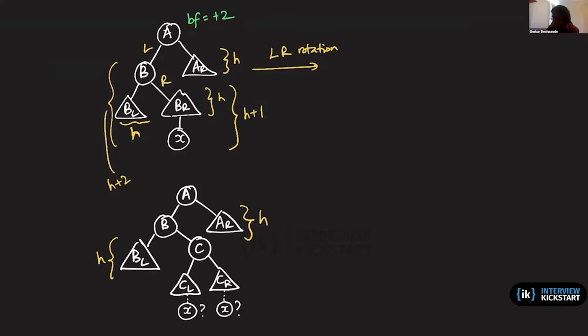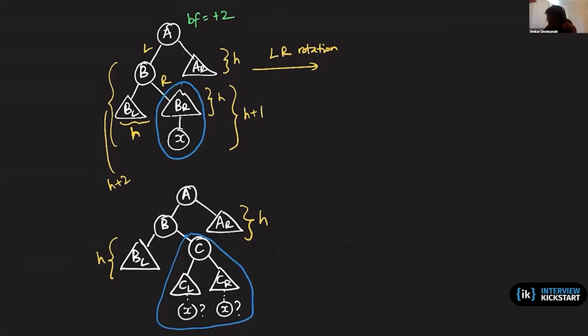It's somewhere in this blue subtree. So what we have done is we have magnified this into one more level of detail. We know that the height of B sub R is H, and including X it is H plus 1.